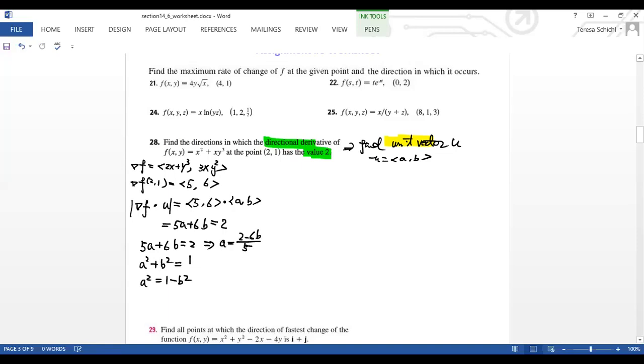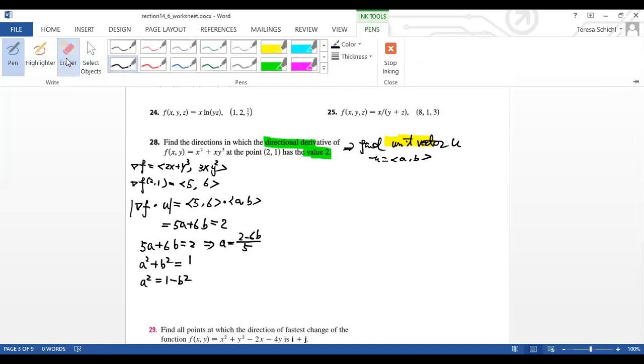Then you'll be able to solve it. So now let's try to solve the system of equations here.